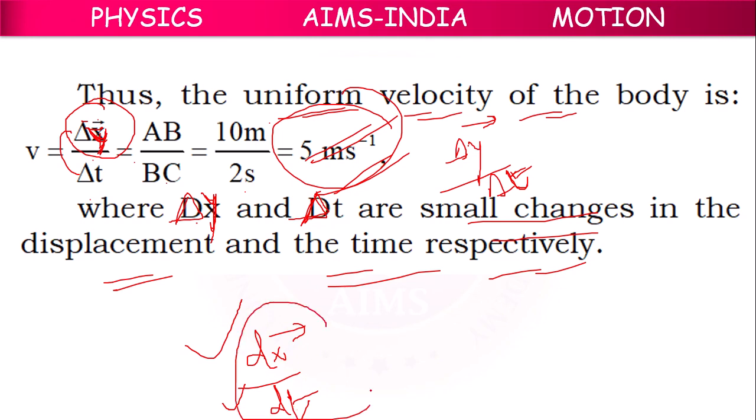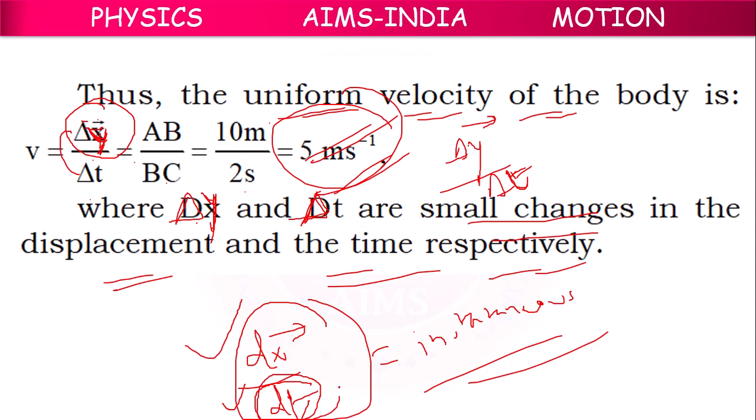This ratio is called instantaneous velocity. Because the time interval is very small, whatever velocity is there, we can tell that it is the velocity at that instant, which is known as instantaneous velocity.